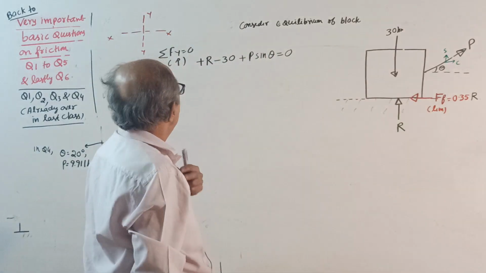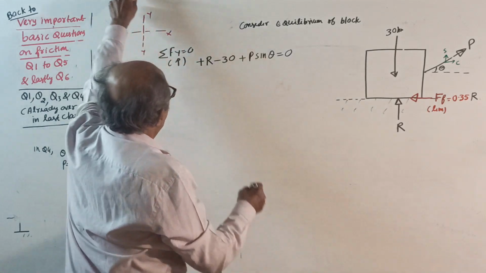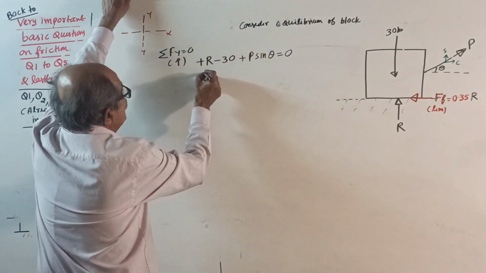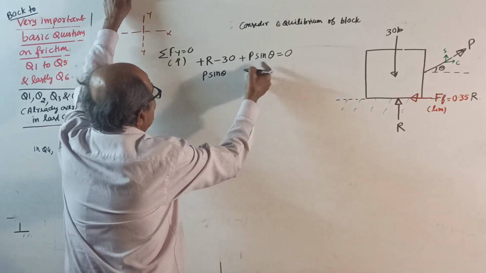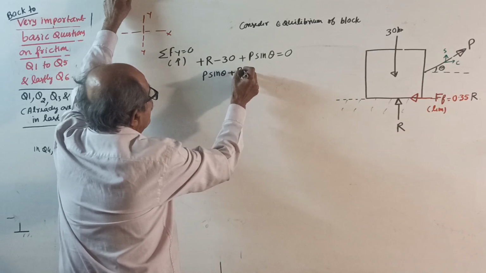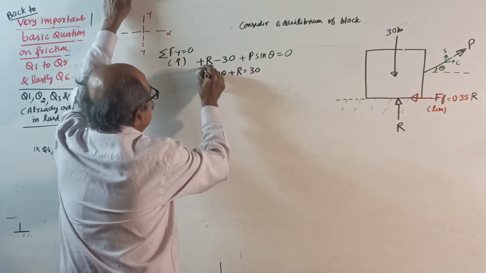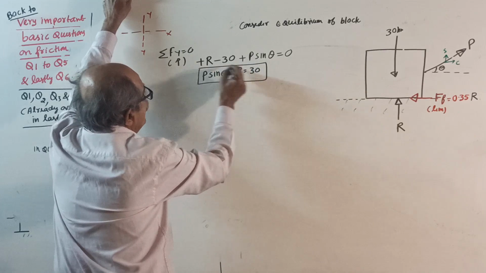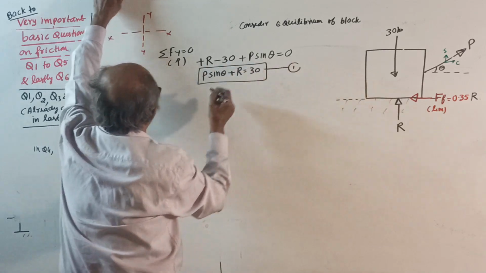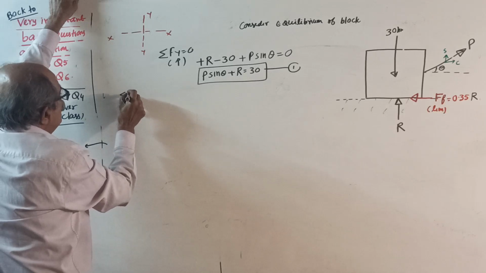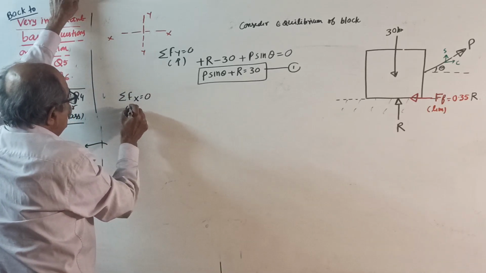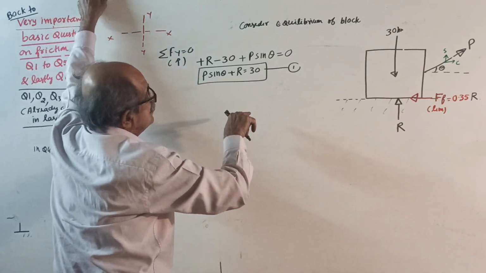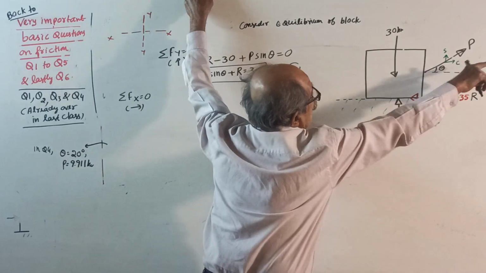So what do you get now? You won't get any answer. You rearrange it. See, P sin theta plus R equal to 30. You call this equation number 1. Then sigma Fx equal to 0. Take right side positive. I will start from P only. Why? Unknown.